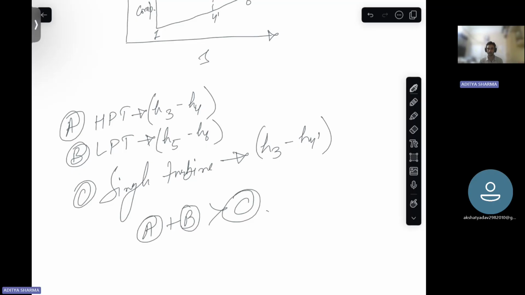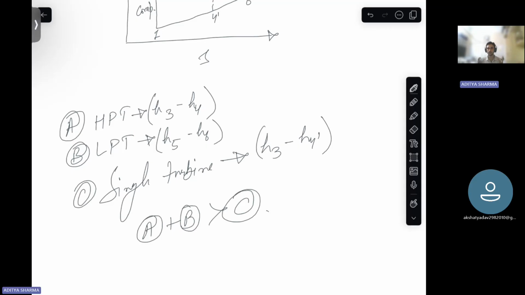So this is the whole point of using your reheater. Right? So in this process, though your work output has increased, you have done this compromise with your thermal efficiency, right?